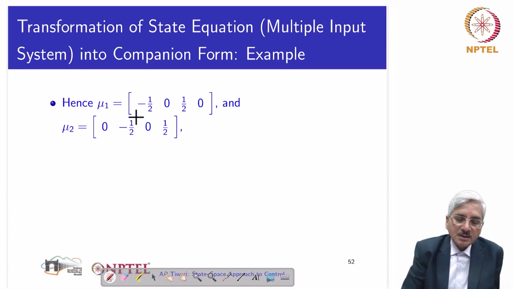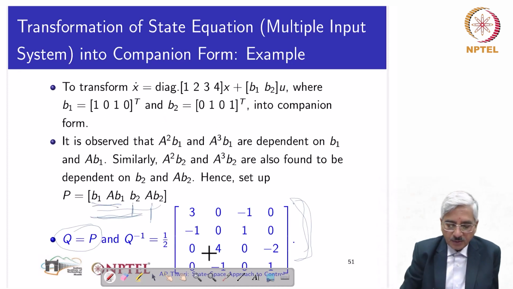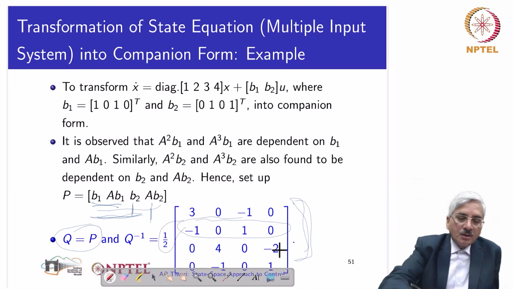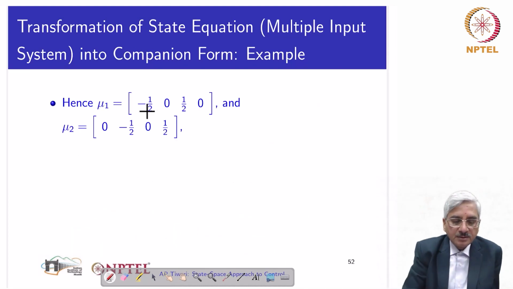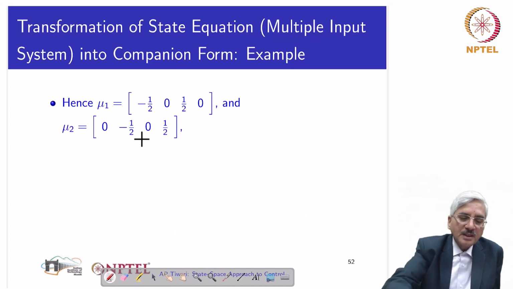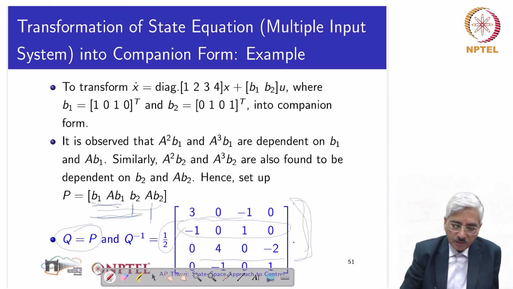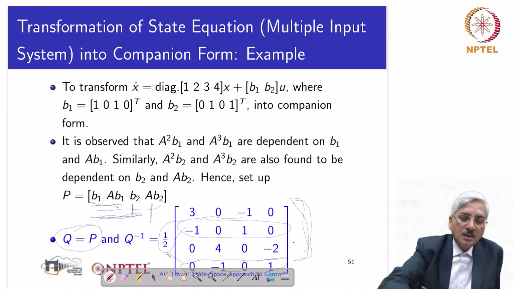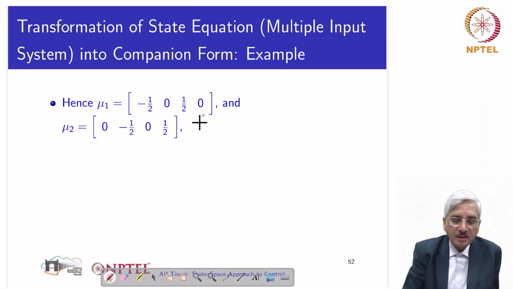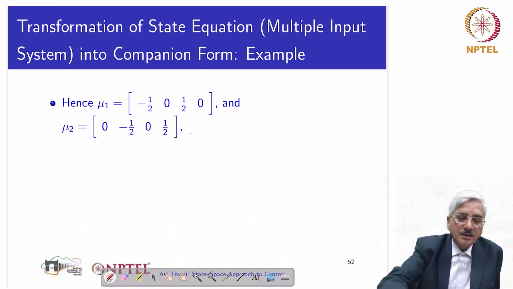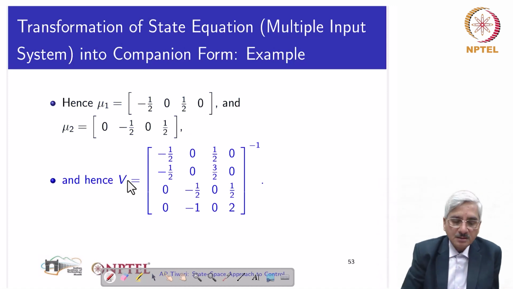So mu1 is selected as the second row of Q inverse. This will be selected as mu1. This into half. Half is here. So we will get this is mu1, and mu2 will be selected as the fourth row. This one. Half into this one. So we have mu1 and mu2, and then we assemble the V matrix.